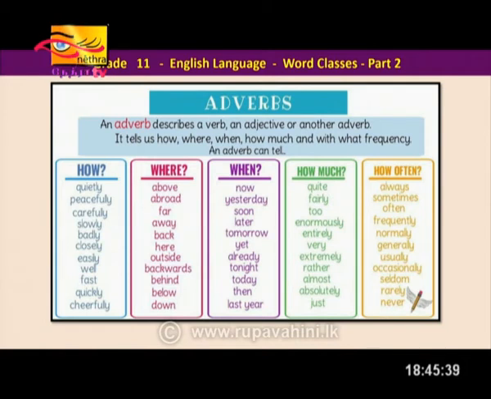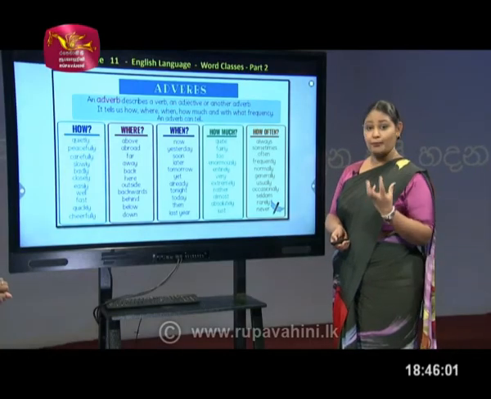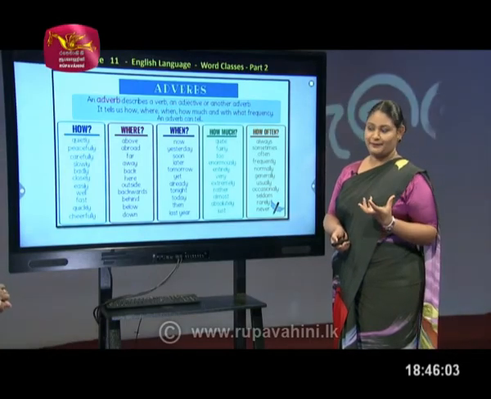Adverb of time. How much? Quite, fairly, too, enormously, entirely, very, extremely, rather, almost, absolutely, just. I'm happy. I'm absolutely happy. Right? I'm extremely happy. The degree, how much you are happy. Right?